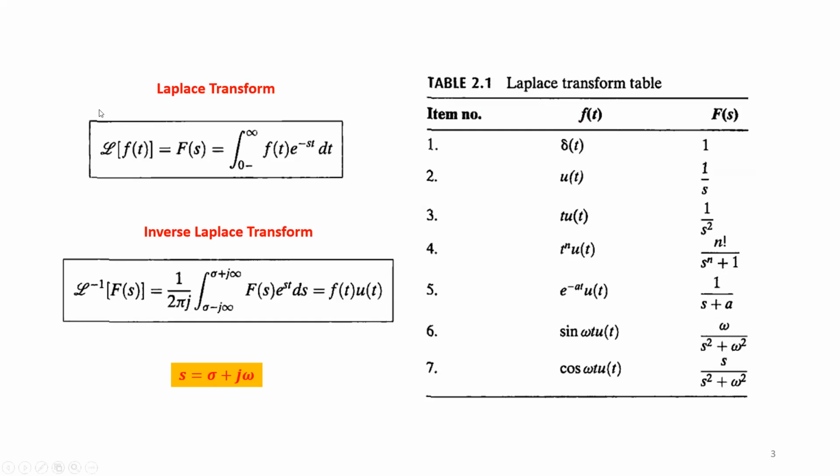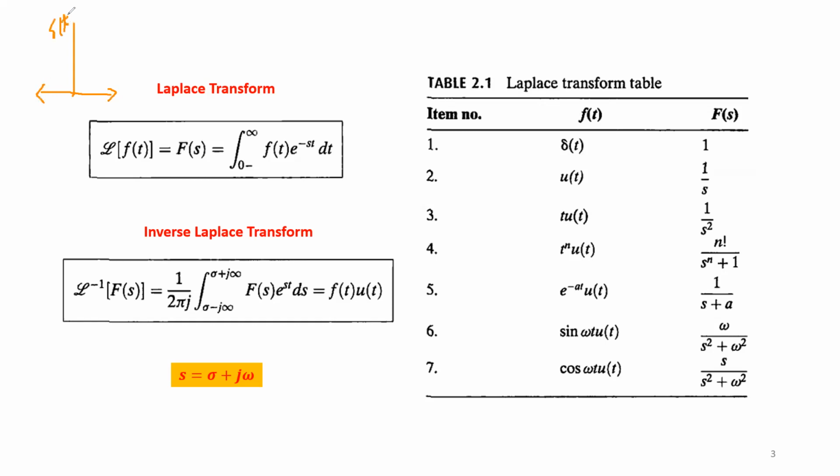Okay, so see the Laplace transform table. What is delta? In the viva, most of the students do not know what delta is. When I asked them about delta, they answered wrong. So remember this one, this is the delta function.